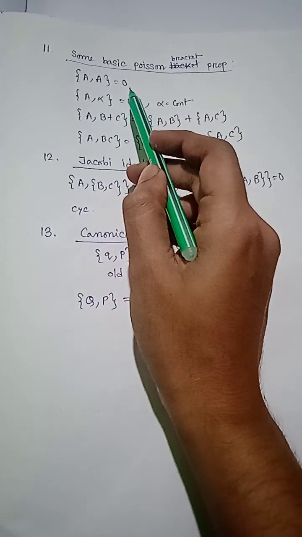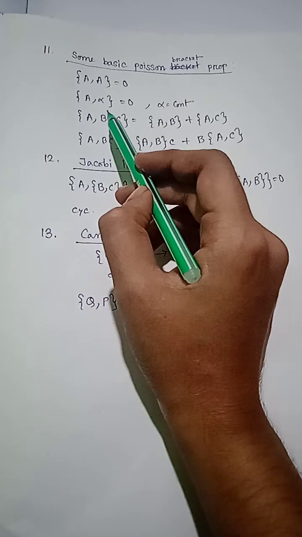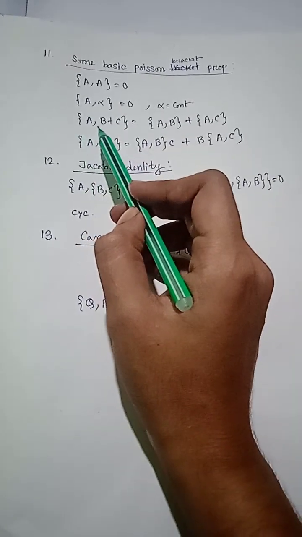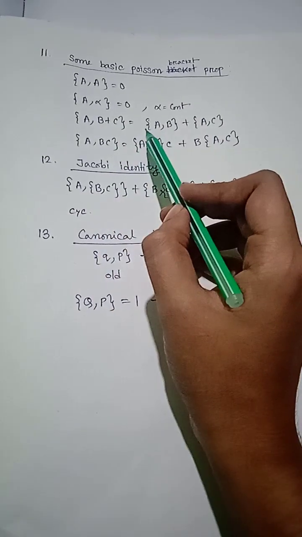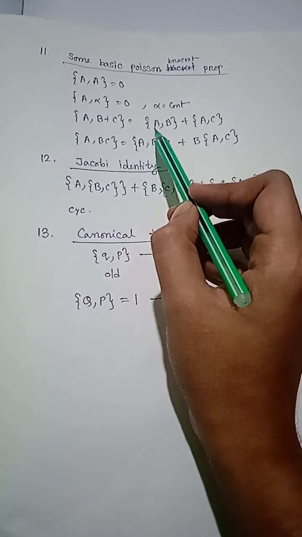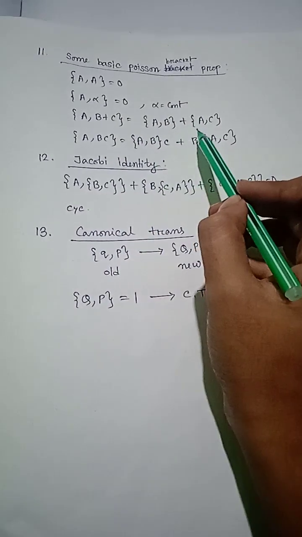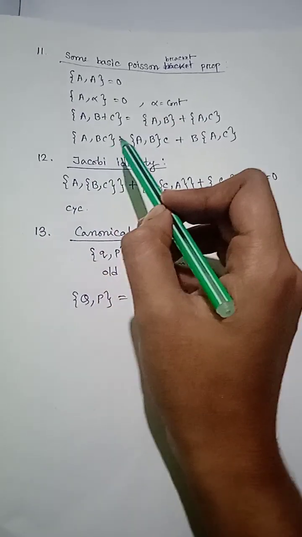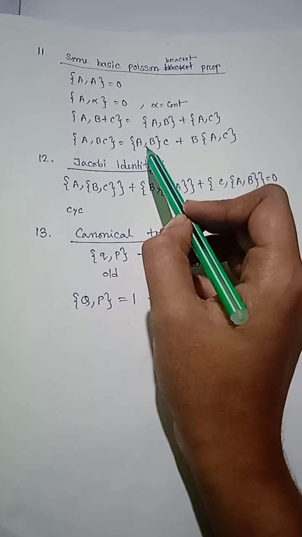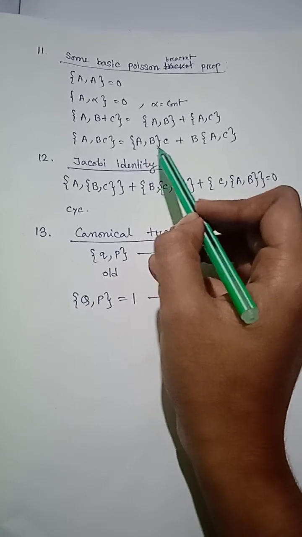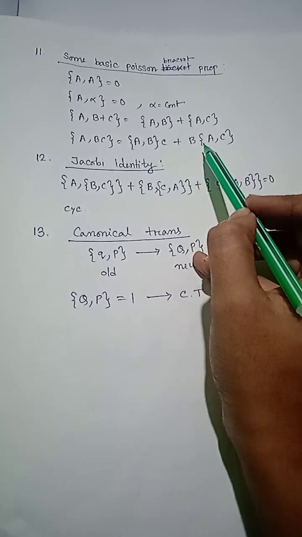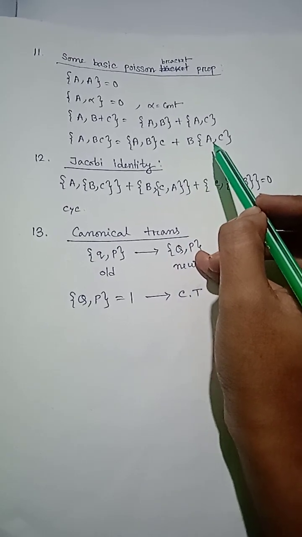A Poisson bracket with A will be 0. A Poisson bracket with alpha, where alpha is a constant, will also give me 0. A Poisson bracket with b plus c will be simply A Poisson bracket with b plus A Poisson bracket with c. A Poisson bracket with bc will be A Poisson bracket with b multiplied by c plus b multiplied by A Poisson bracket with c.